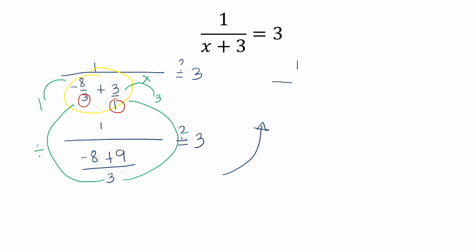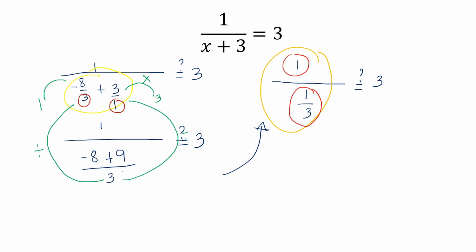So 1 over negative 8 plus 9 is 1/3 equals 3. Next, this is now like dividing a fraction by another fraction. Again, this is a recall of your elementary math. So the numerator 1 is what we call the dividend, and the denominator 1/3 is what we call the divisor.